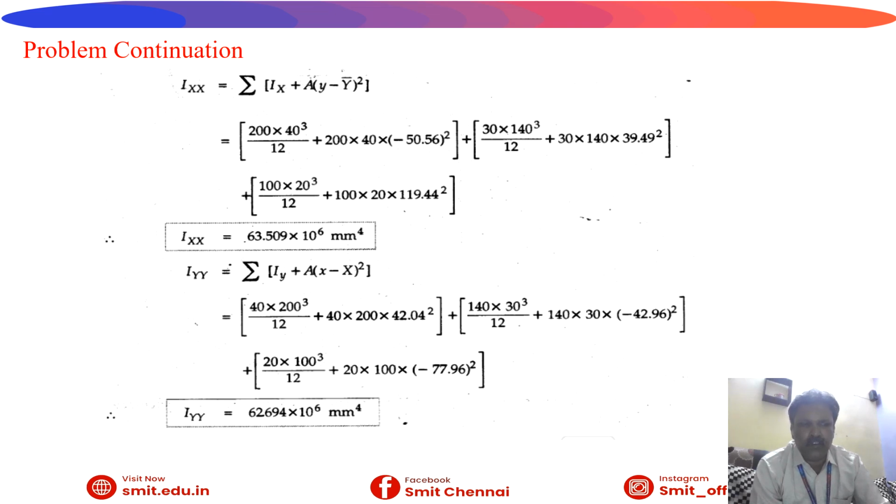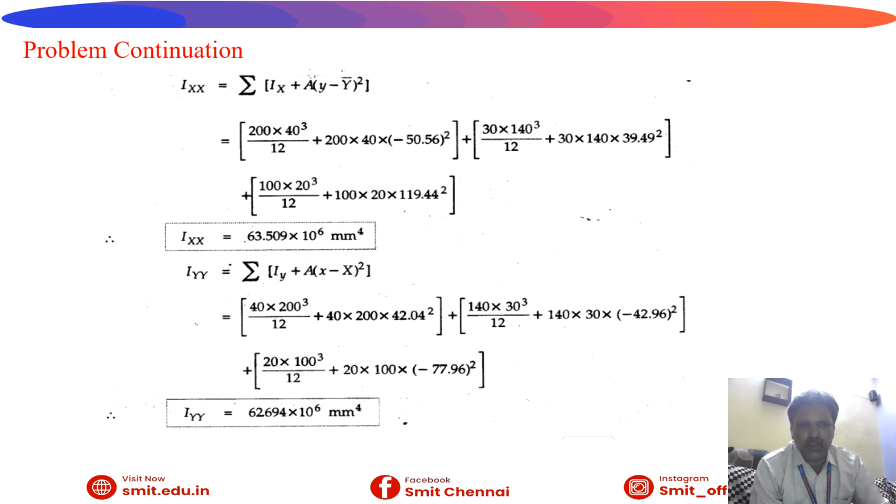Then you will get Ixx equal to 63.509 into 10 to the power 6 mm power 4. Then followed by Iyy equal to summation of Iy plus A (x minus x bar) the whole square.